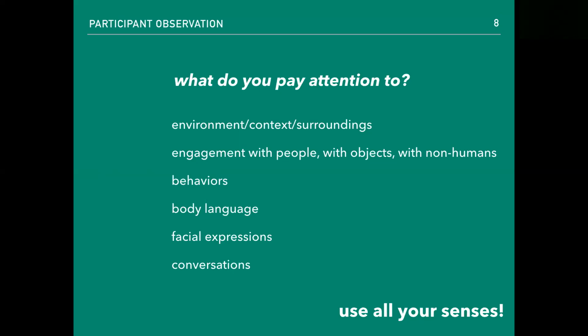What are people talking about? When people come together, do they always talk about the weather first? Is that useful information for you? And then also, I always recommend using all of your senses. Smells, what do you hear? If you're eating particular foods, is there a spice that is common in all of the dishes?